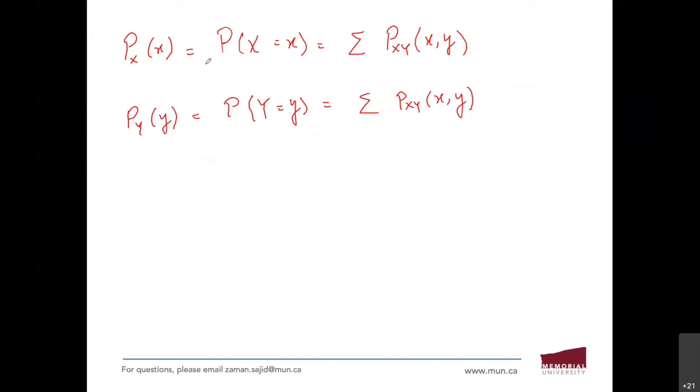When you are using the x marginal probability, the summation should be over y, not x. So it should be all your y values. If you want to find the marginal probability of y, the summation is over all x. This is a very important point in joint probability distributions. That's why I wanted to write it in a different color.